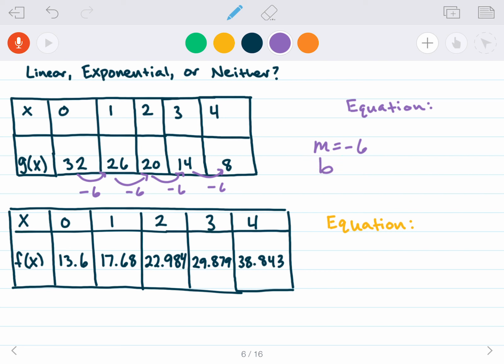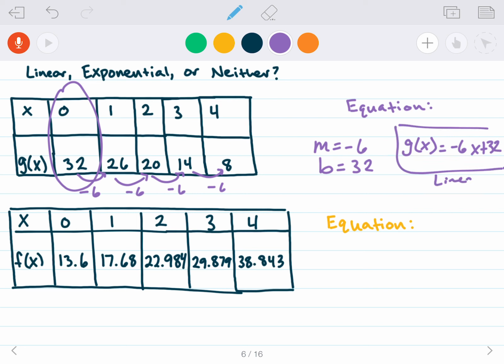Now our y-intercept here is going to be the y value when x is 0. So that's going to be 32. And so our equation is going to be y, which in this case is g of x, equals m, which is -6, x plus b, which is 32. And that is our linear equation.